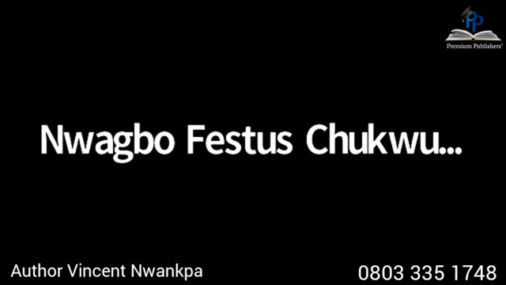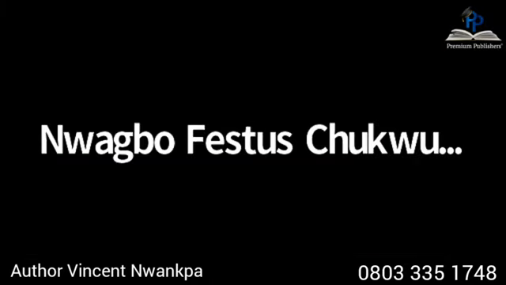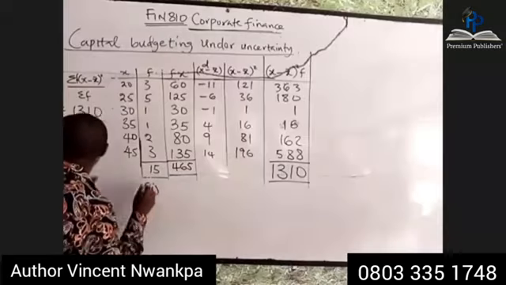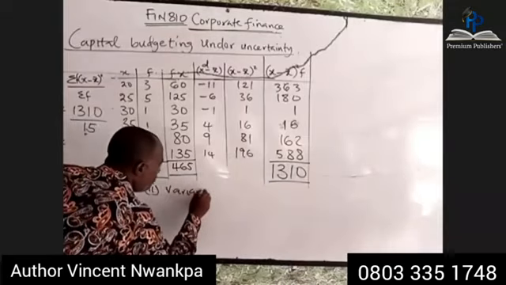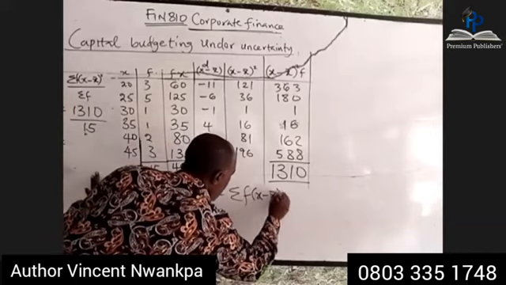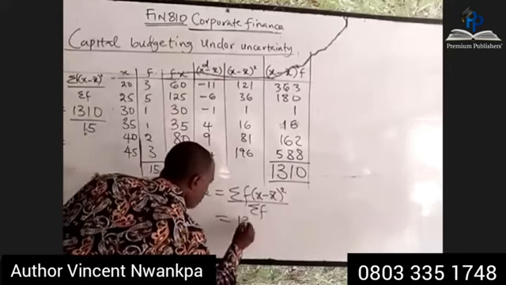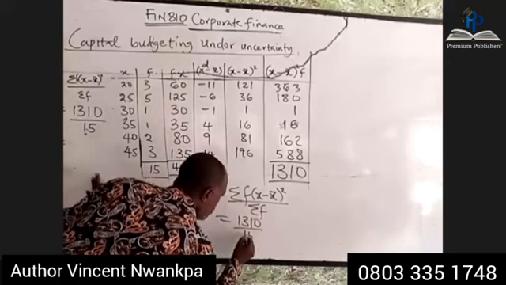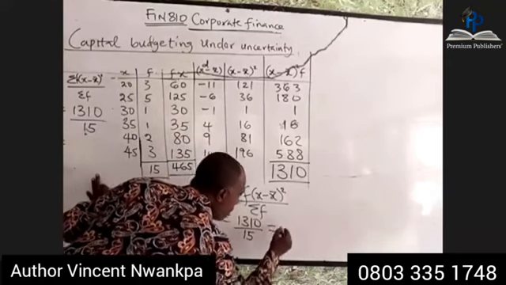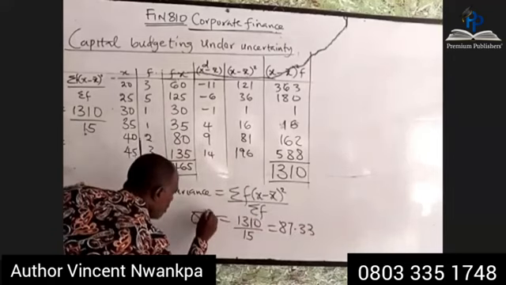Roman figure 2, I put it here so that they can see clearly: variance is summation of f times x minus x bar all square, all over summation of f. That is 1310 all over 15. The answer is 87.33. This is the symbol for variance.